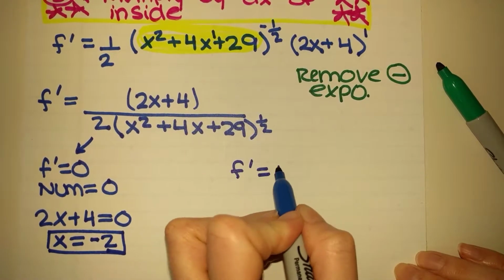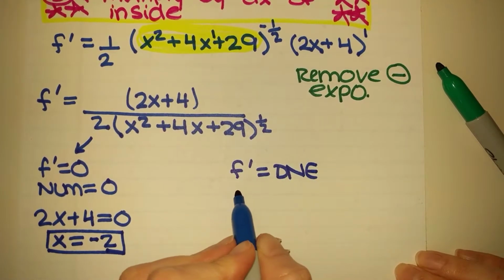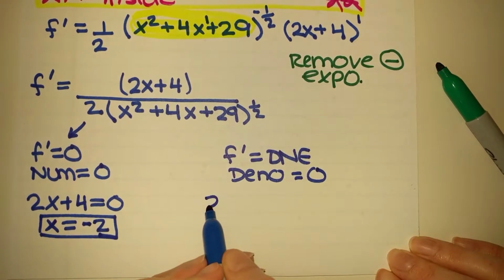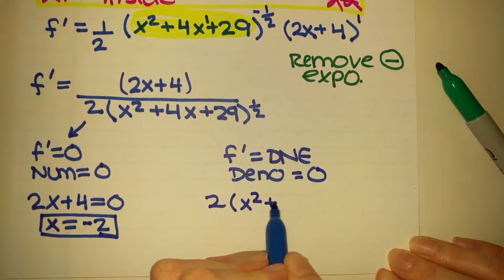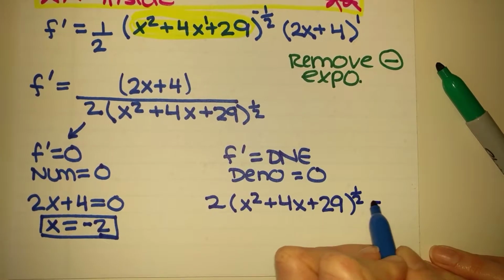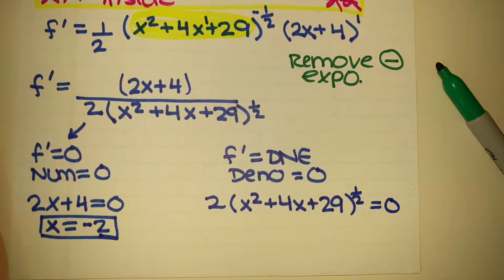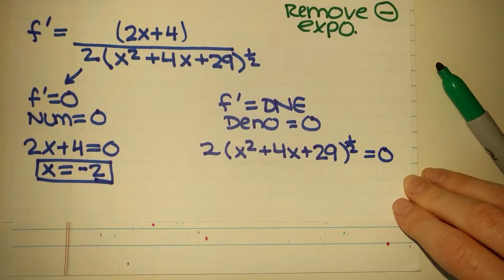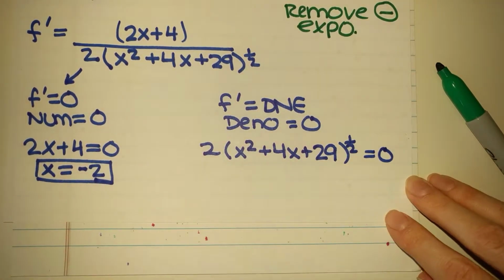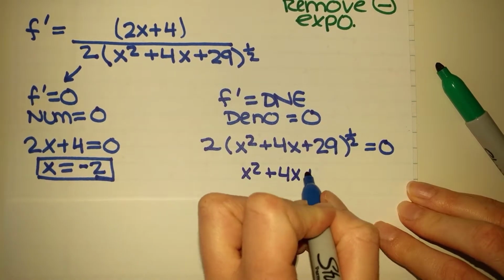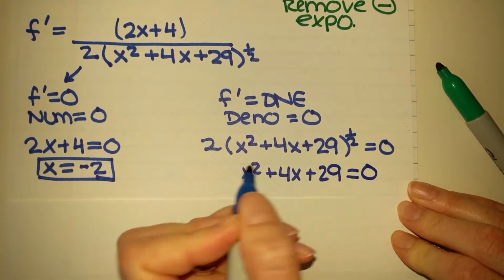Then we set our denominator equal to 0, and that gives us where the function is undefined. So we would have 2 times x squared plus 4x plus 29 to the 1/2 power equal to 0. When you work through this, you could divide by 2 and raise it to the 1/2, and you're basically looking at where x squared plus 4x plus 29 is equal to 0.